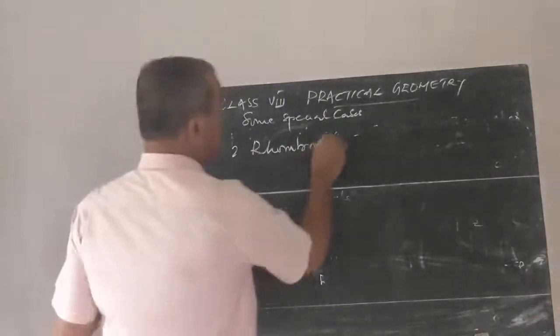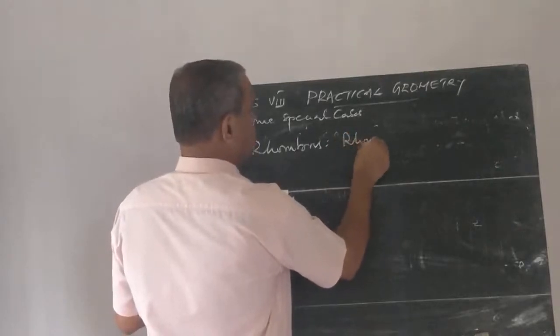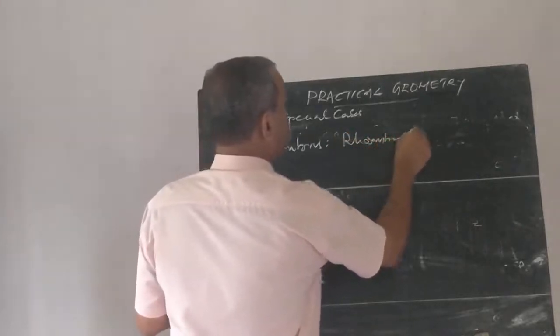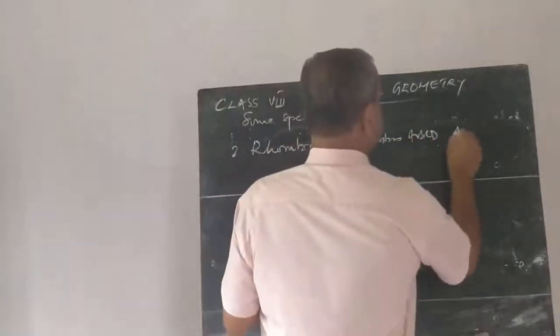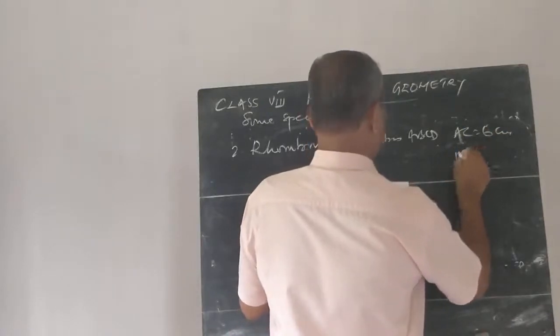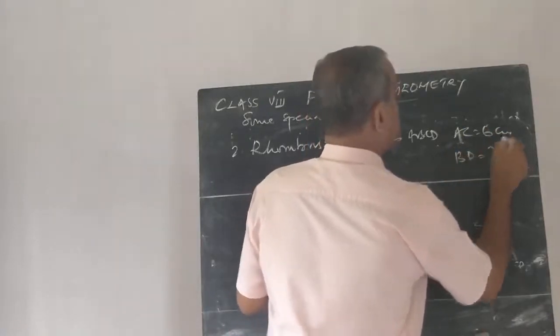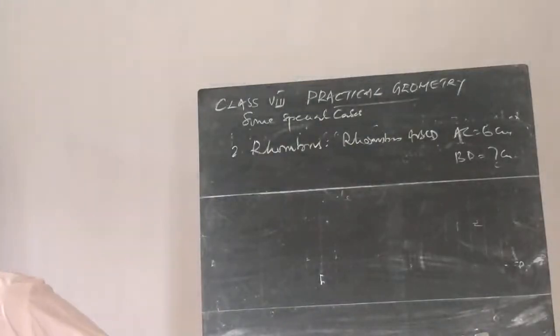Now, for example, construct a rhombus ABCD with AC 6 centimeters and BD 7 centimeters. Diagonals are given and they are perpendicular bisectors of each other. So using that property we can draw this easily.